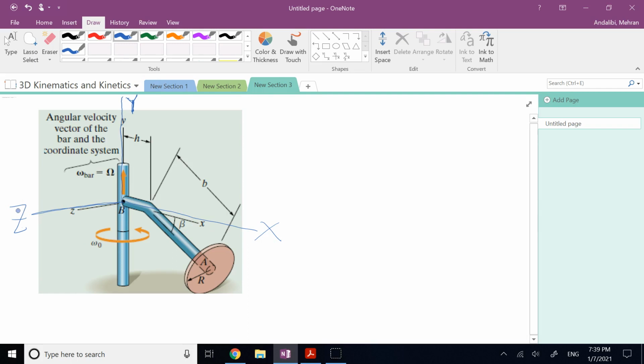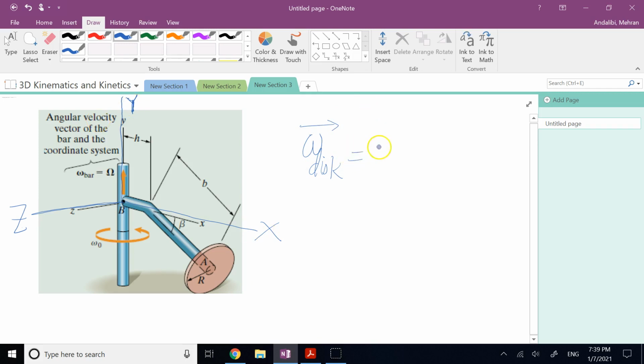Okay, so these are the frames that we are using. Again, the one in blue is the primary frame, the one in black is the secondary frame. So my goal is to find omega of this disk with respect to this capital XYZ.